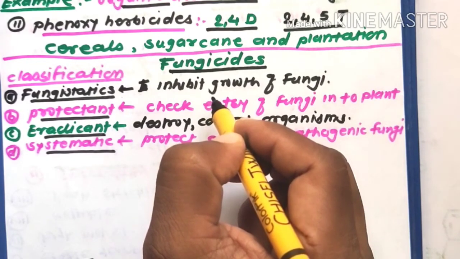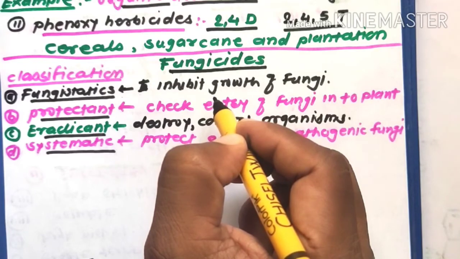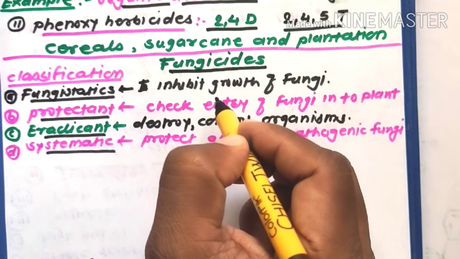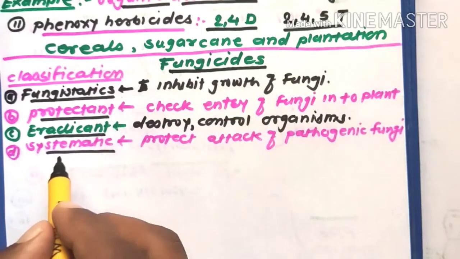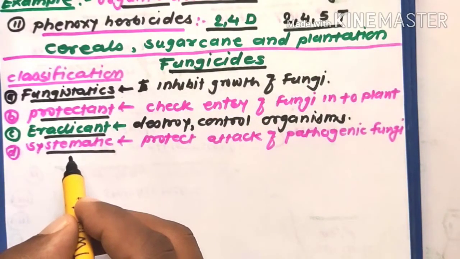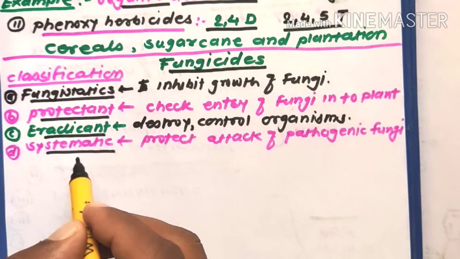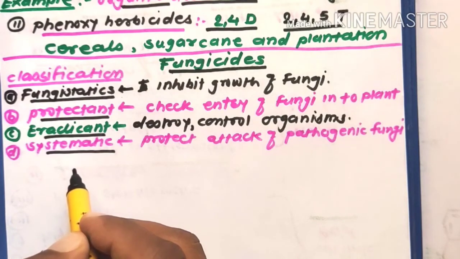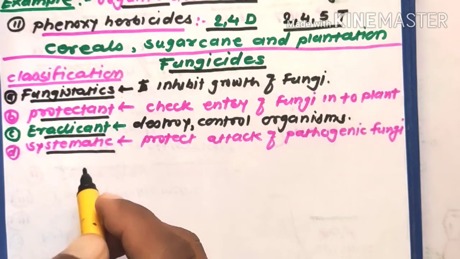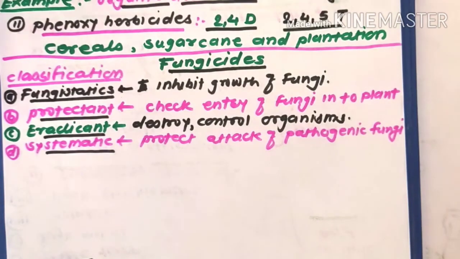The third one, eradicants, destroy and control the established organisms. And the fourth one, systemic fungicides, are compounds absorbed by the plant and then translocated within the plant, protecting it from the attack of pathogenic fungus. These are the classes of fungicides.